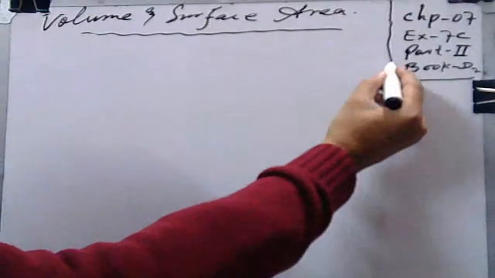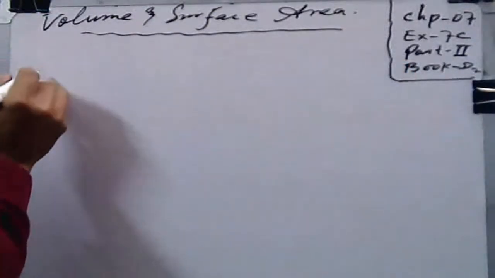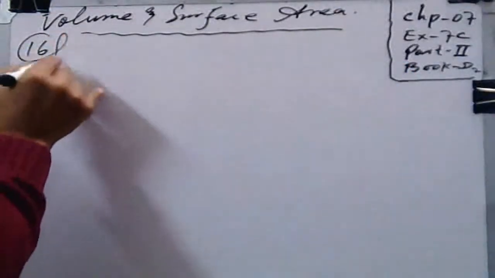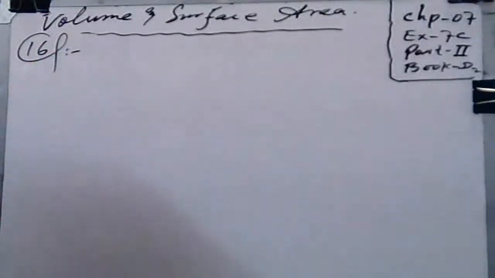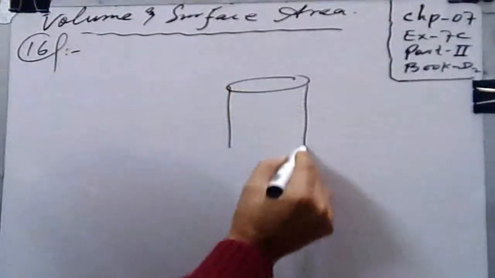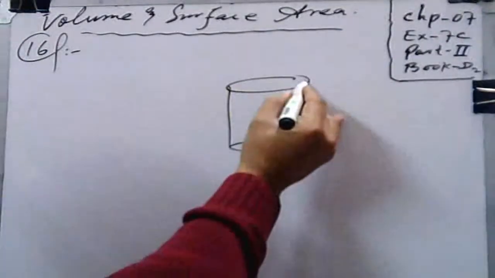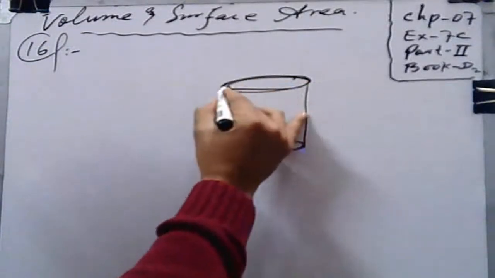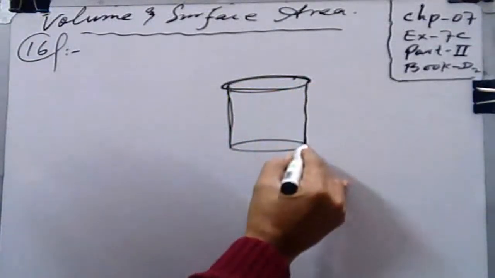You have a cylinder, so you have to find its volume, and you have a cone also, so you have to find the volume of the cone too. This height is given as 30 centimeter, and the diameter is also given, 24 centimeter.